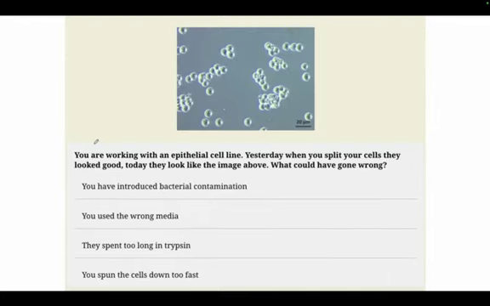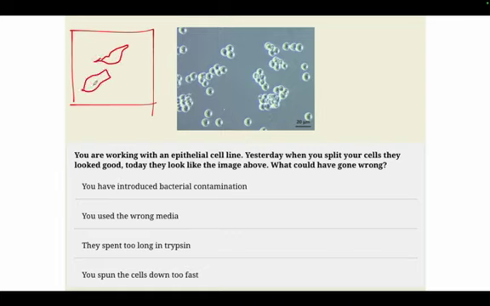You're working with an epithelial cell line. Yesterday, when you split the cells, they looked good. So, just for reference, an epithelial cell line, when it's adhered properly, will start taking this kind of polygonal morphology.